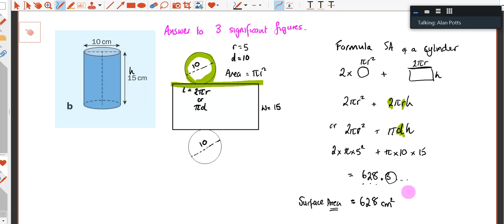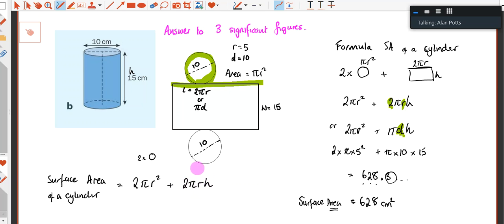Okay. So any questions on that? Was it all okay? So we have taken a little step forward by saying we have a formula now. So we could write that down instead of working out in parts, but that seemed to be going all right for you. So the surface area of a cylinder, we could write as 2 pi r squared, because that's the 2 circles, plus 2 pi r h, because that's the rectangle.